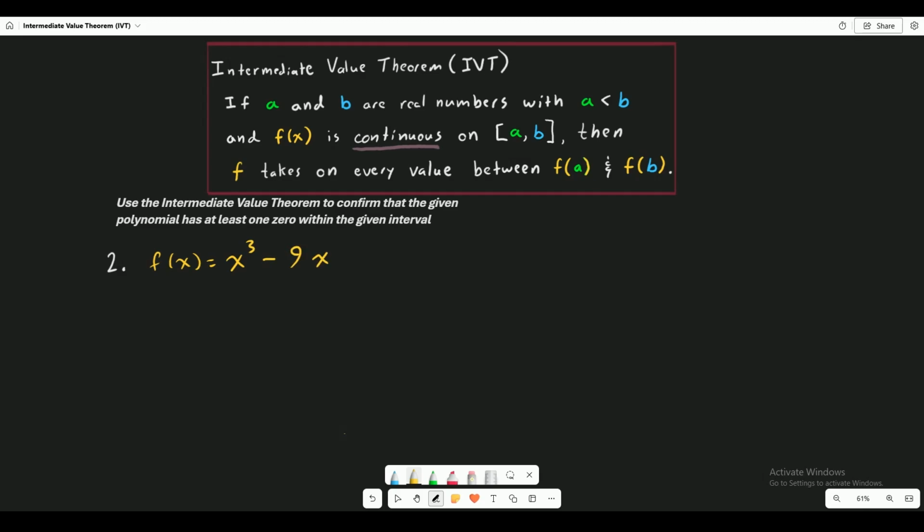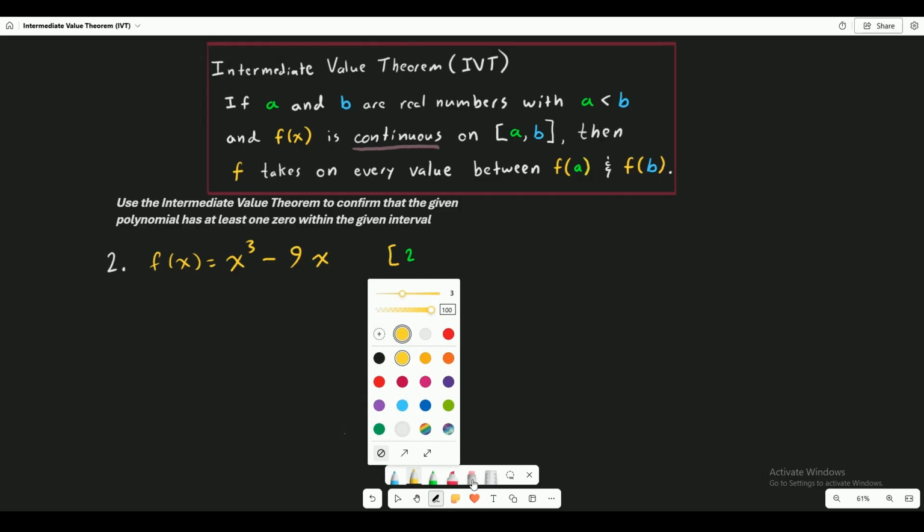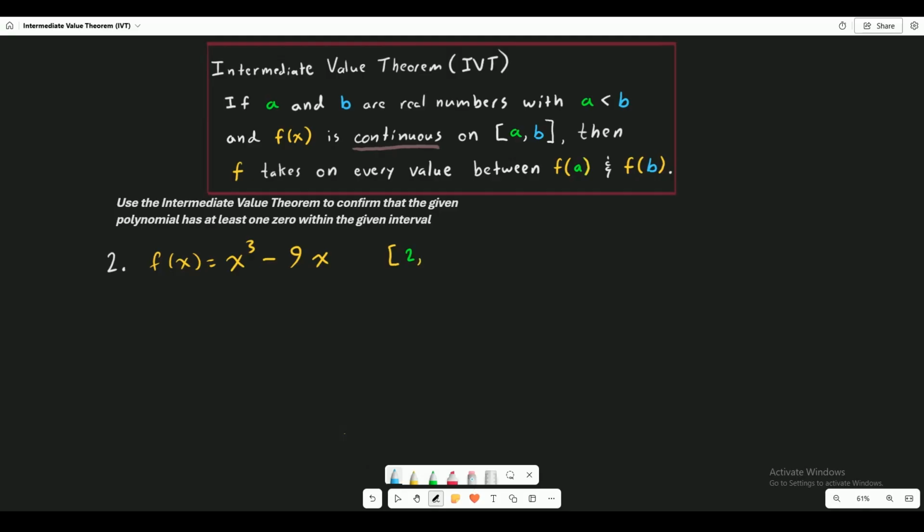Only this time, the interval is given from 2 to 4. Instead of negative 4 to negative 2, we're going from 2 to 4. Okay? So a little different.